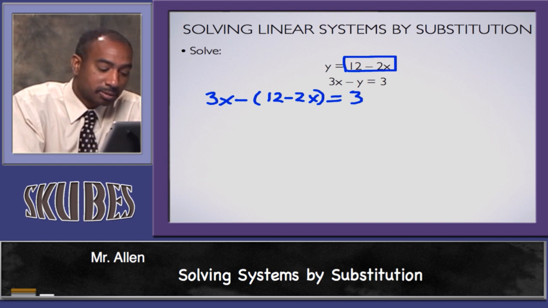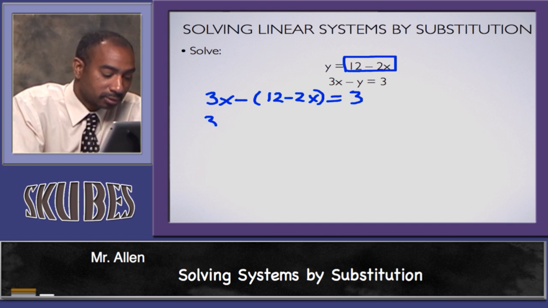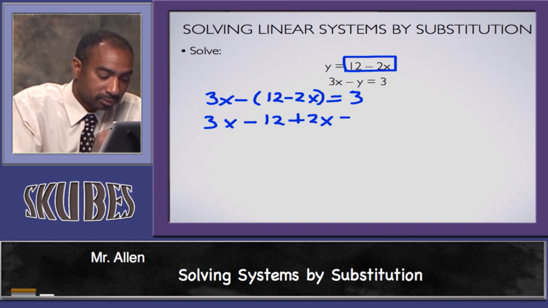And be careful with this subtraction sign. You're going to distribute that negative throughout the parentheses. So that's going to change the sign of every term in the parentheses. So I get 3x minus 12 plus 2x equals 3.